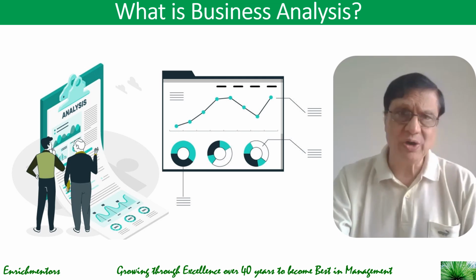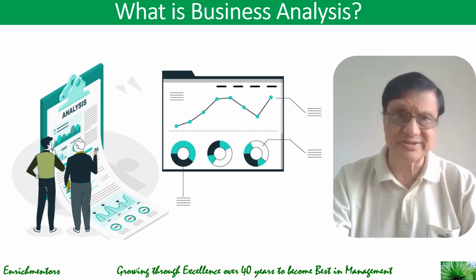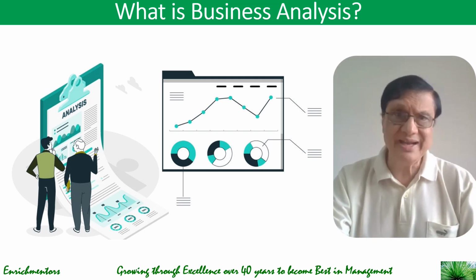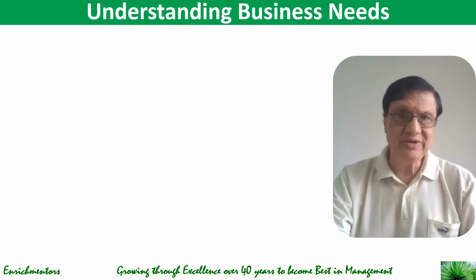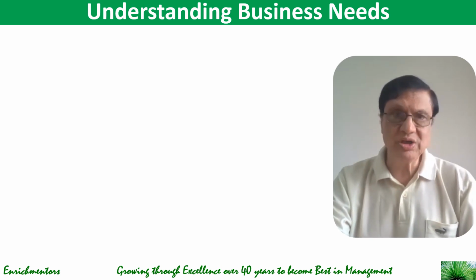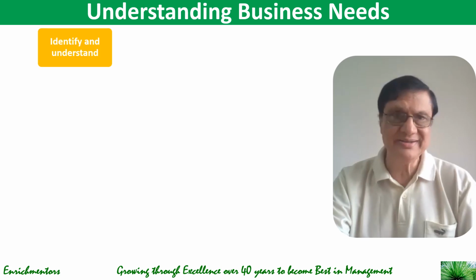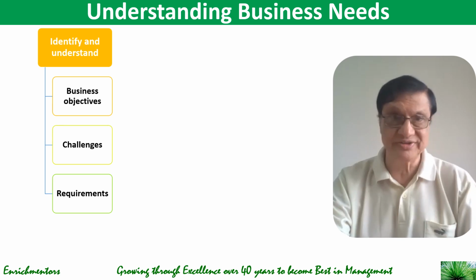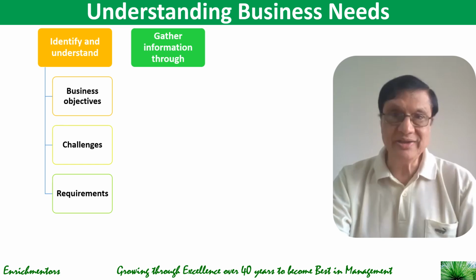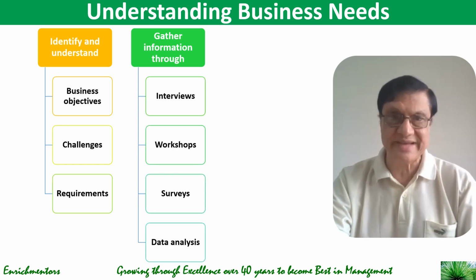So that's an overview of business analysis. What are the key elements or aspects of business analysis? Can we look at it in more detail? Sure enough, let's take a look. The first thing you need to do is work closely with stakeholders to identify and understand their business objectives, challenges, and requirements. Three things. Then you gather information through a variety of mechanisms like interviews, workshops, surveys, and data analysis.